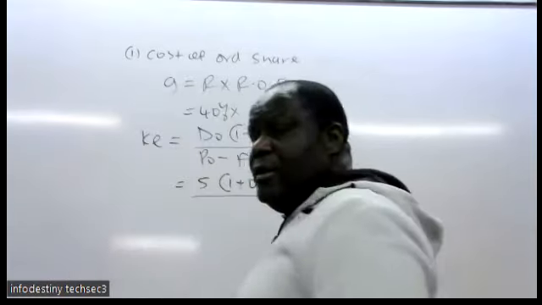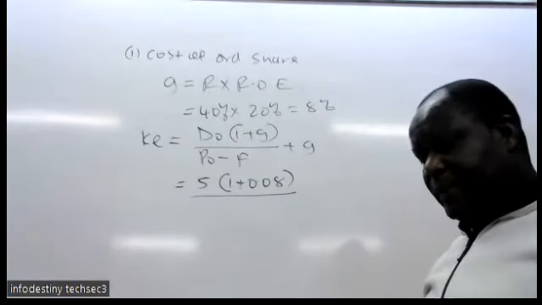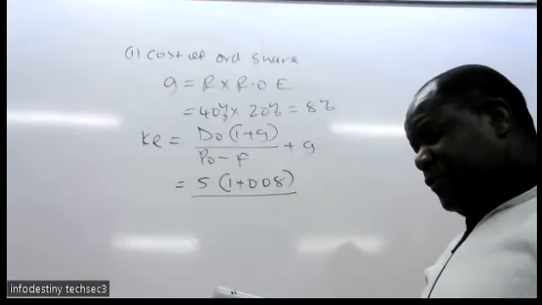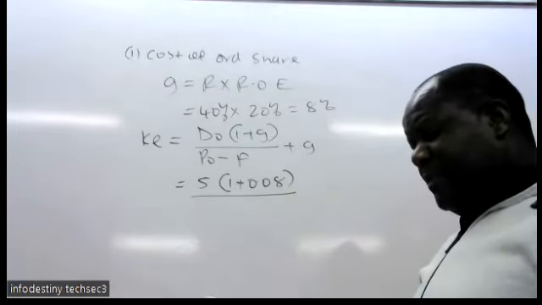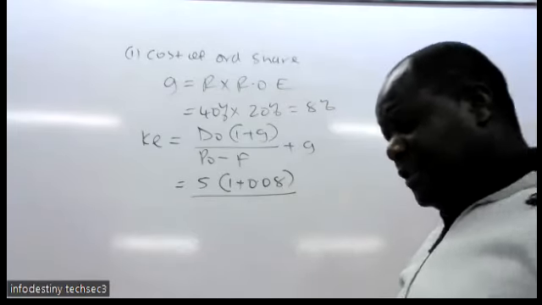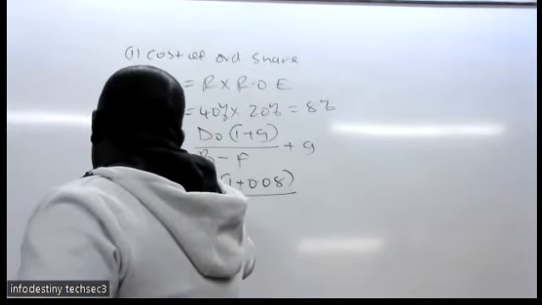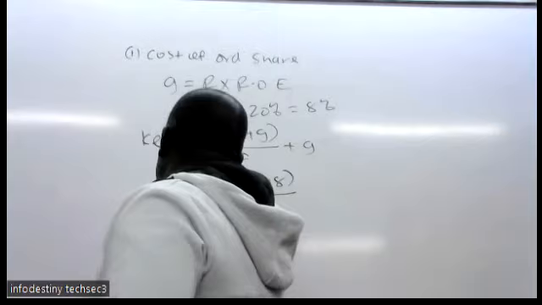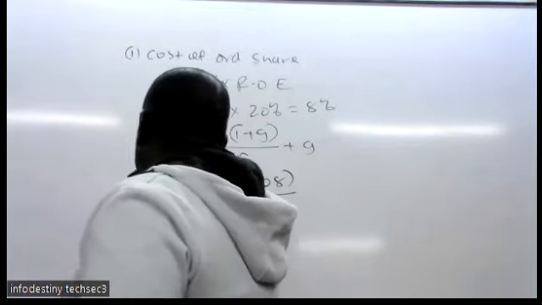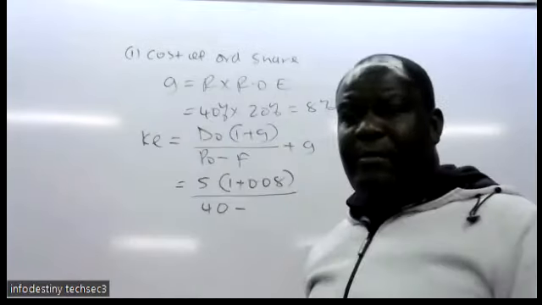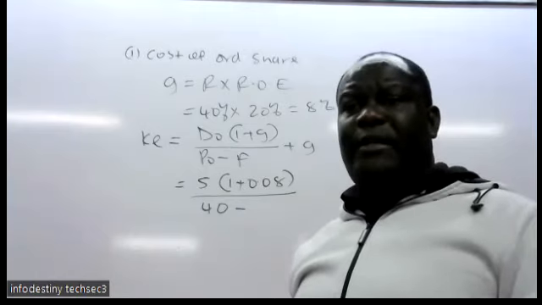So P0 is the current market price, which is given to you in note number 1. The current market price of the firm's ordinary share is quoted at 45, but 45 is cum dividend. We use ex-dividend.